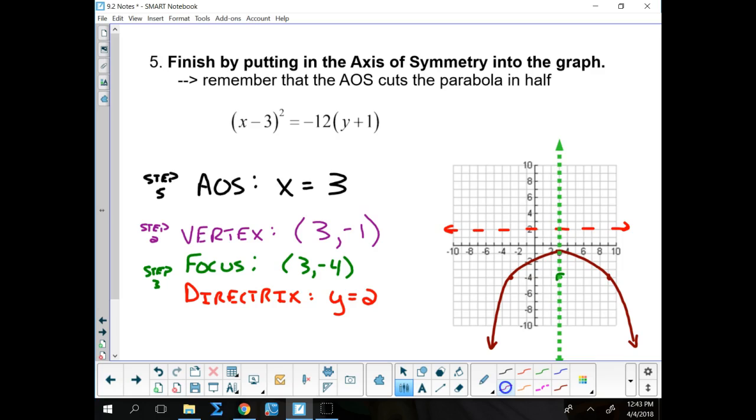I'm going to look at your graph and know if you did step 1 right, because your graph opens down. I'm going to look at the vertex to see if you did step 2, the focus and the directrix for step 3, the graph for step 4, and the axis of symmetry for step 5.